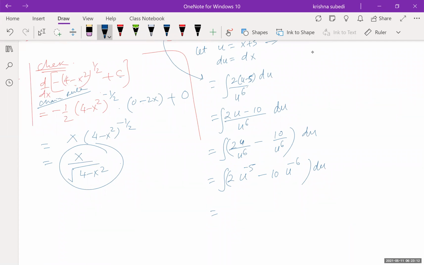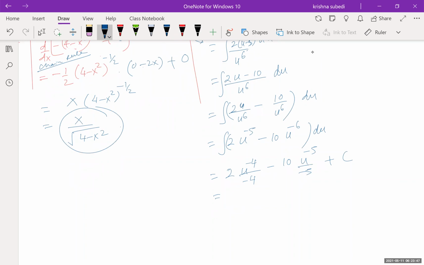So that's going to give me, now you can use the power rule, which will be 2u raised to power negative 5 plus 1. Using the power rule, I can write directly negative 4 on the top and negative 4 on the bottom. Using the power rule, minus 10u raised to power negative 6 plus 1, which is negative 5, over negative 5, plus c. That's it.